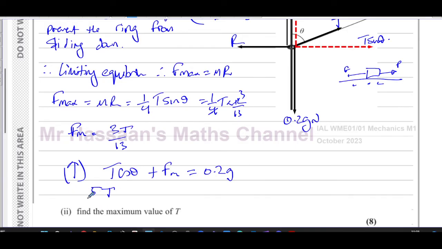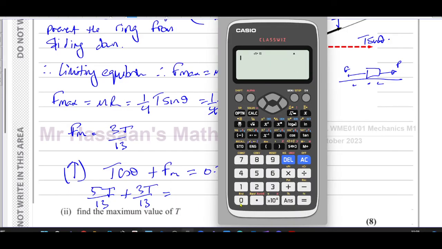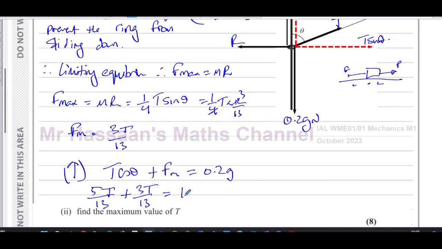So you have 5 over 13 T plus F max, which is 3 over 13 T, is equal to 0.2 times 9.8, which gives us 49 over 25, which is 1.96.